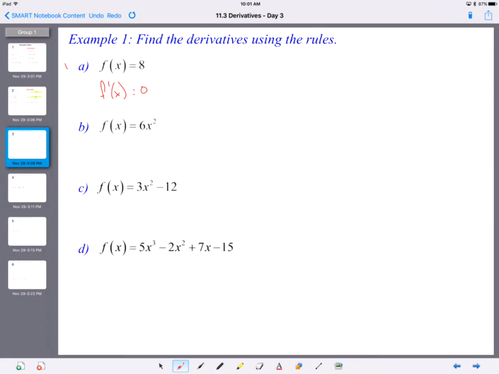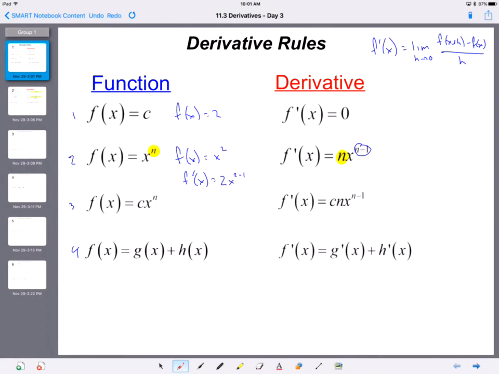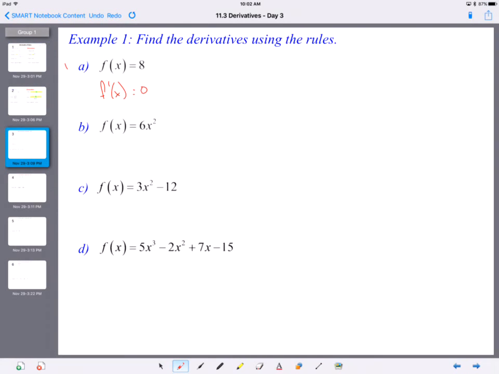Which rule is that? Well, 6x squared, that's going to be rule number 3, because you have a coefficient and then x raised to a power. So I'm going to write this out the first time or so you guys can see this. The derivative, and the reason you don't see the limit anymore is because it's all incorporated in the rules.